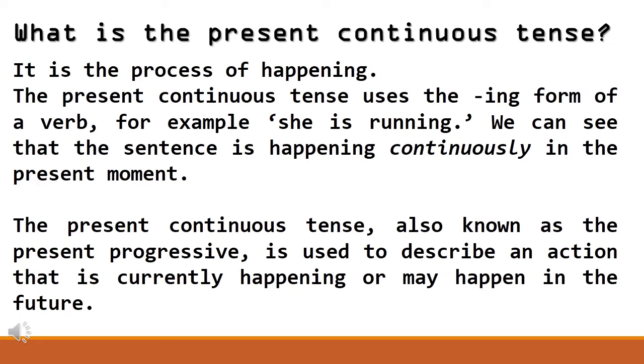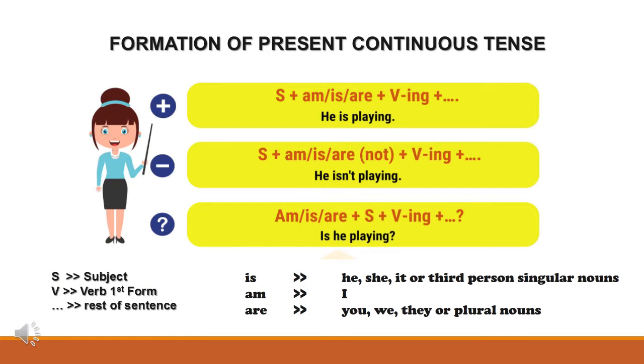Now let's see the formation of present continuous tense. Here we will learn how to make positive, negative, and questions of present continuous tense. First, there is a plus sign and there is a structure of affirmative or positive statement. Let's see.